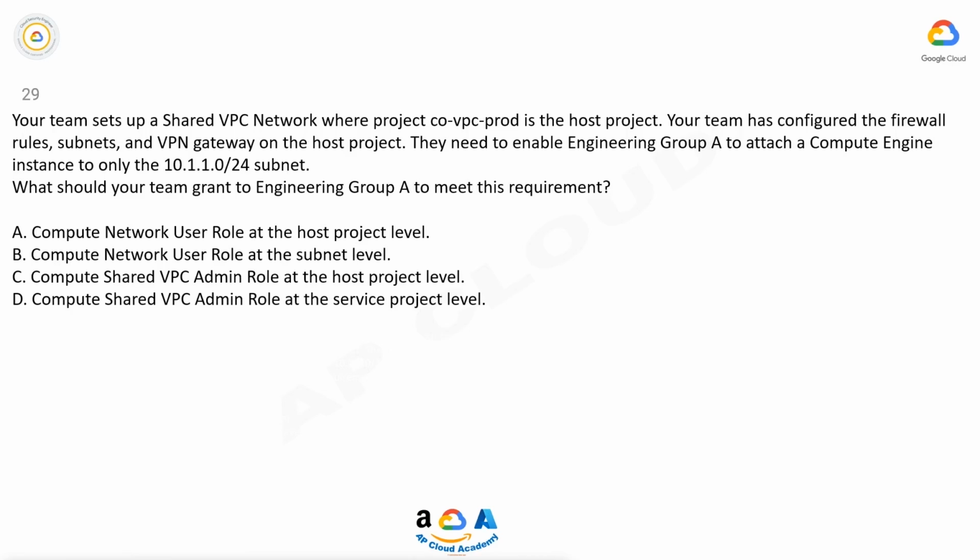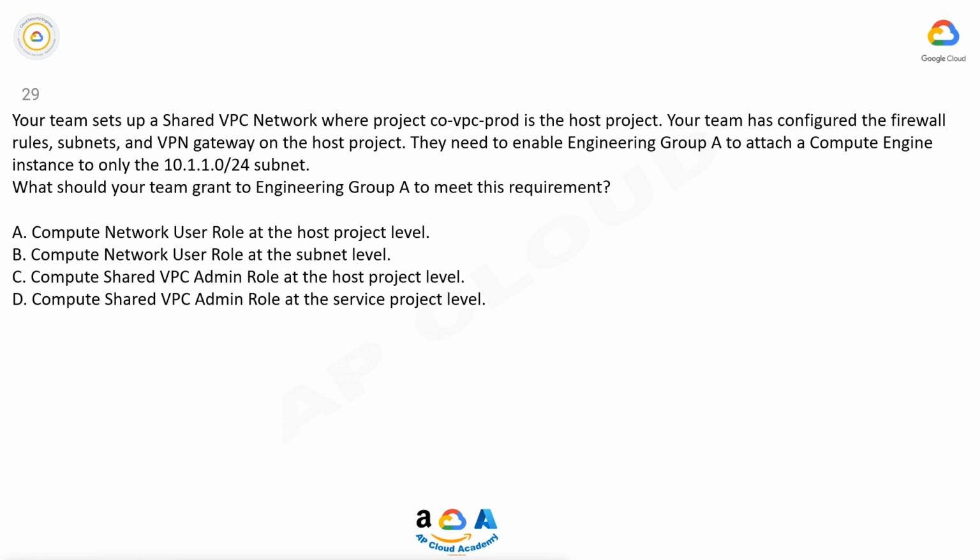29. Your team sets up a shared VPC network where Project Co-VPC Prod is the host project. Your team has configured the firewall rules, subnets, and VPN gateway on the host project. They need to enable Engineering Group A to attach a compute engine instance to only the 10.1.1.0/24 subnet. What should your team grant to Engineering Group A to meet this requirement?